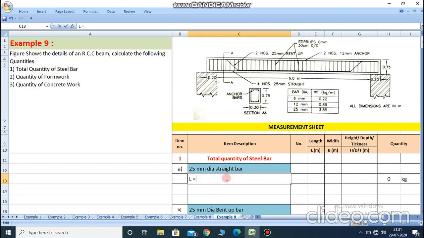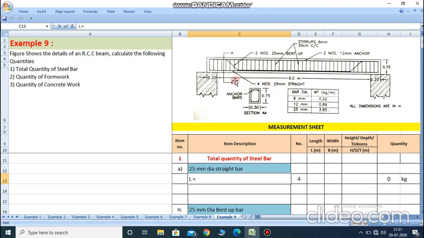Before finding out the length of the bar, we first find out how many numbers of bars are given. The 25 mm dia straight bar given in this figure is 4 numbers. So first we put here 4. Clear? Then after we find out the total length of the bar.